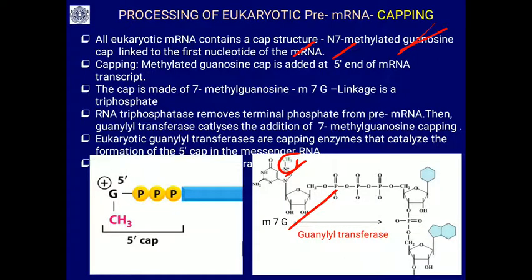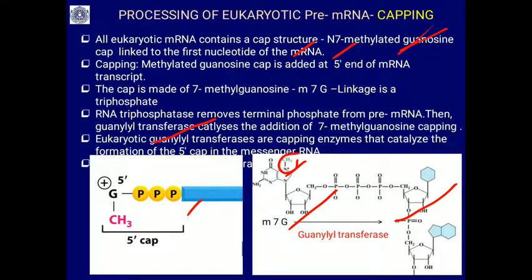This is linked to the first nucleotide of the RNA. At the 5 prime region, the first nucleotide of the mRNA, this cap is added. It is a molecular cap, not a pen cap; a molecular cap is added at the 5 prime region of the mRNA molecule. This addition of the cap is catalyzed by an enzyme called guanyl transferase.